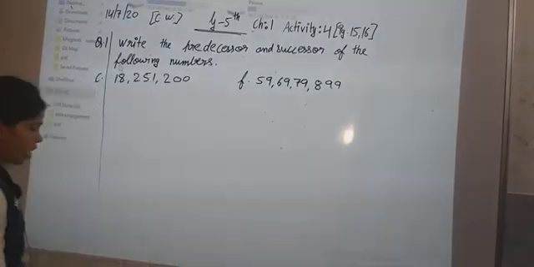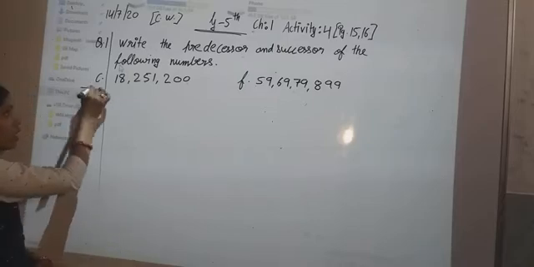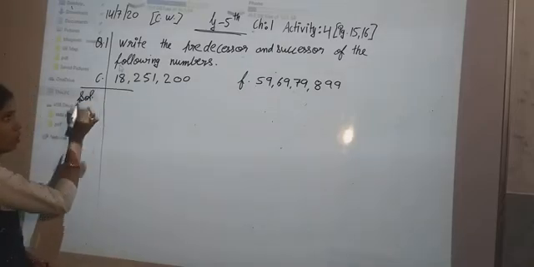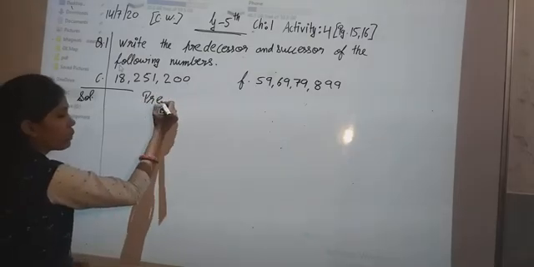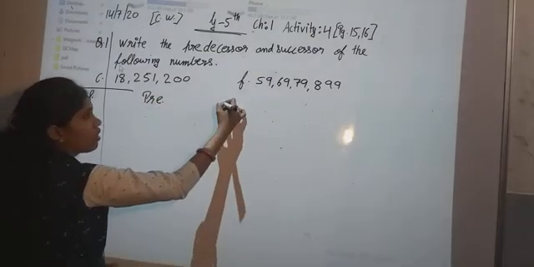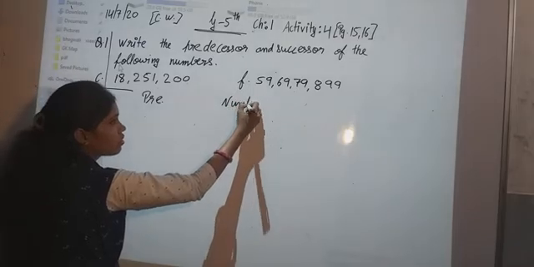Okay, so let's start our solution, students. Write here predecessor. We will write here the number and here the successor. Question C is 18,251 and 200.